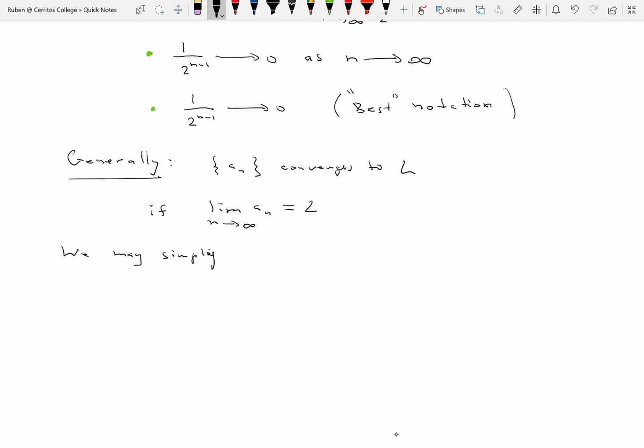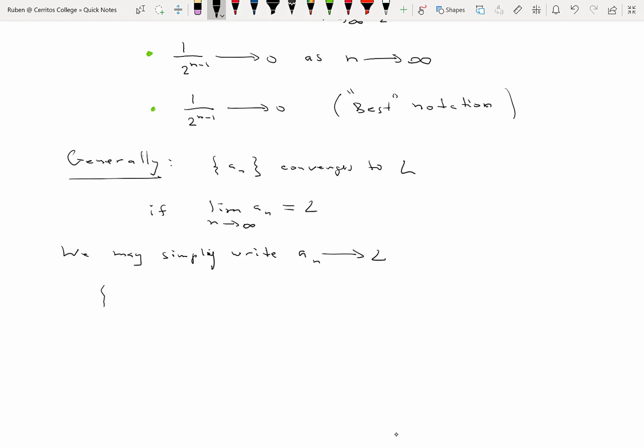We may simply write a sub n arrow L to indicate this.